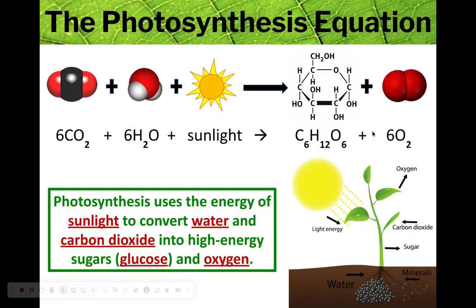In simpler terms, plants take in all that carbon dioxide and water, use sunlight to power all these chemical reactions, and produce glucose and oxygen. So that glucose stores energy for the plants, and the oxygen becomes the gas we breathe.